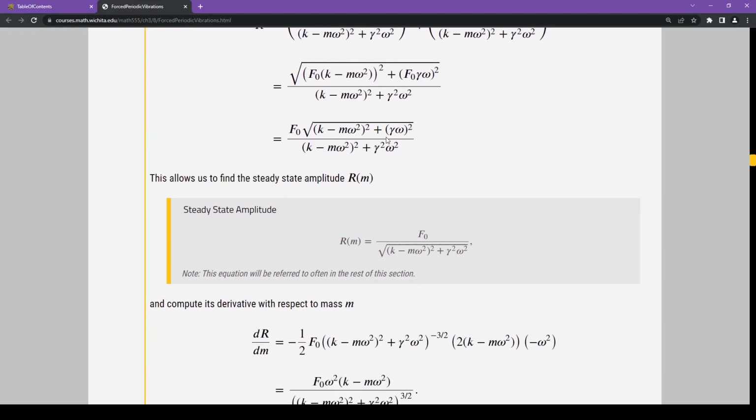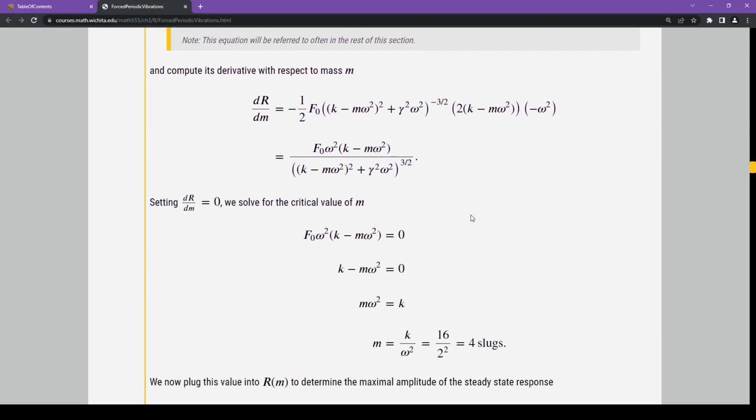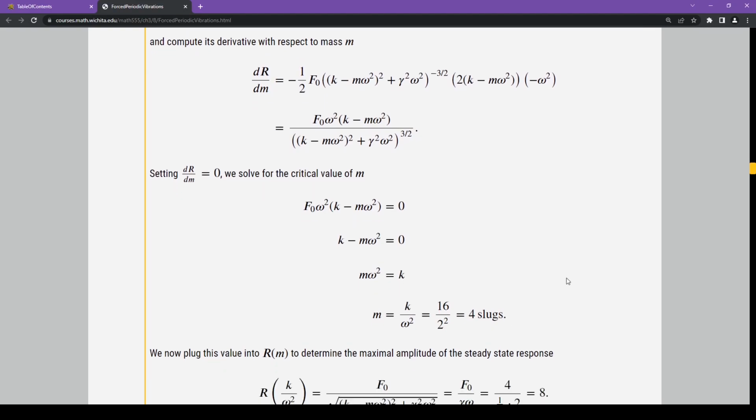So in order to maximize this, we use calculus. We take the derivative of this expression and we figure out that the maximal value for m is going to be 4 slugs.